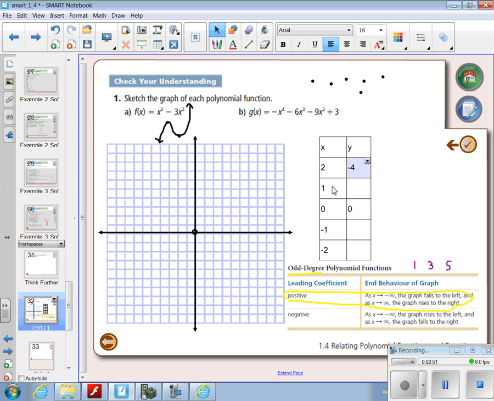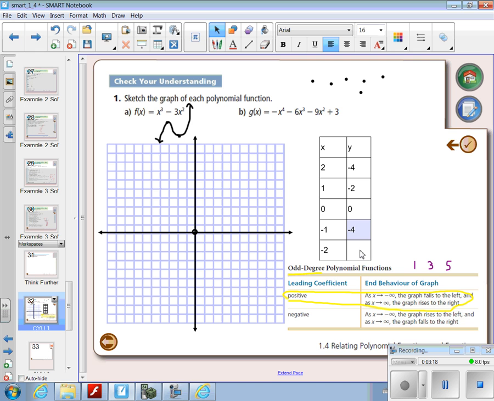When x is 1, 1 cubed minus 3 times 1 squared becomes negative 2. Type that in. Negative 1: negative 1 cubed is negative 1, negative 1 squared is 1, so we have minus 3. Negative 1 minus 3 is negative 4.